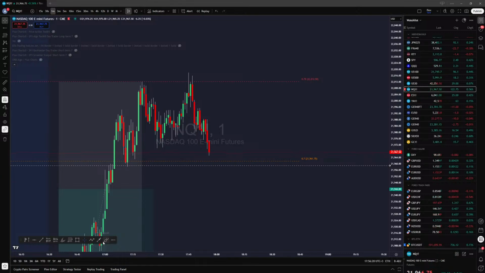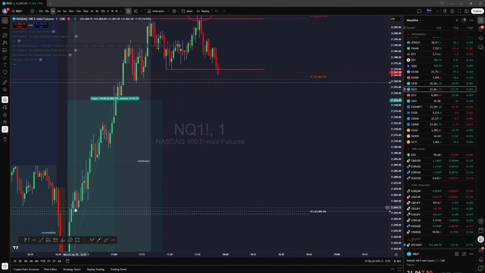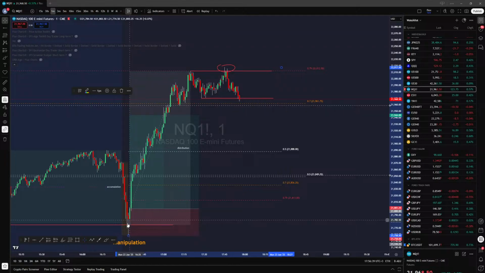You can spot it as turtle soup as well. Look at this. So we have accumulation, manipulation, and if price closes below, it will go all the way down till this area at least.